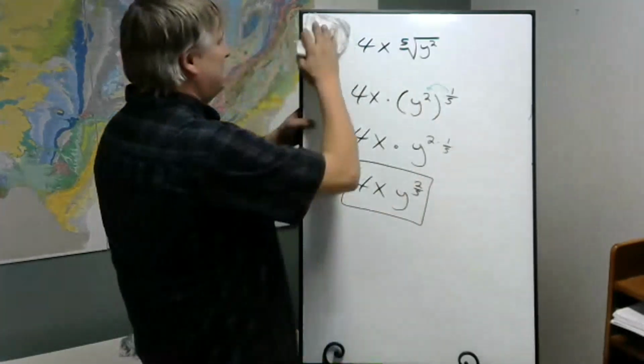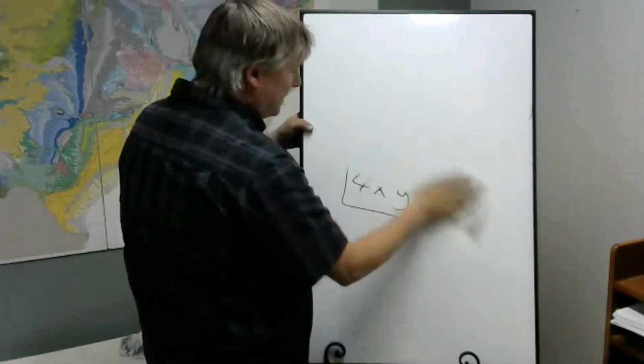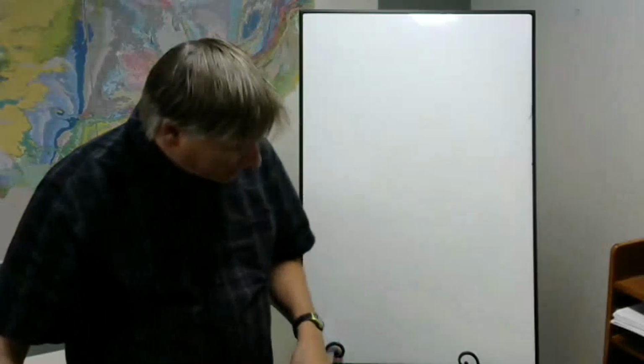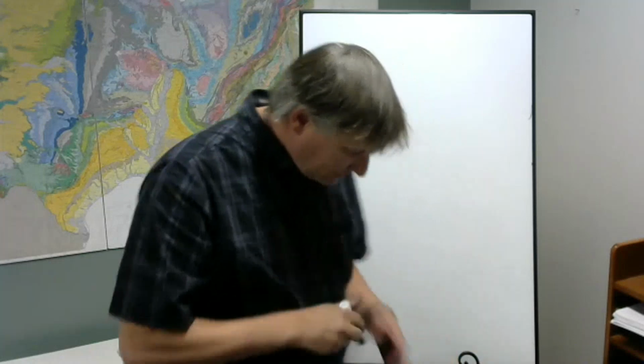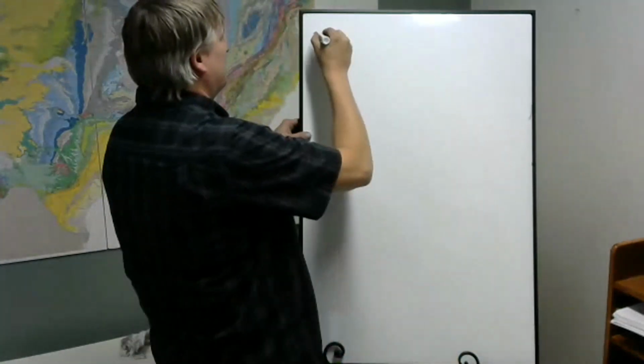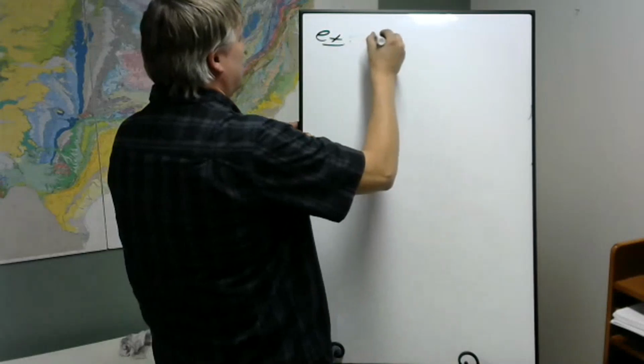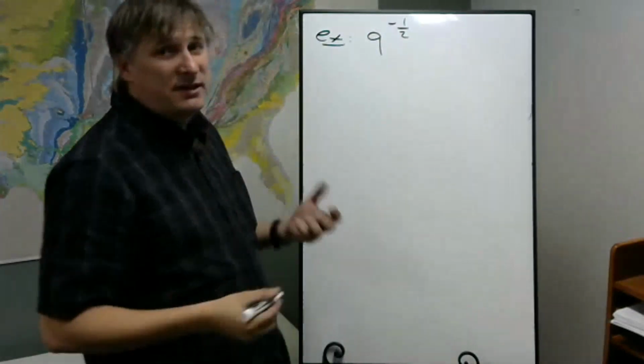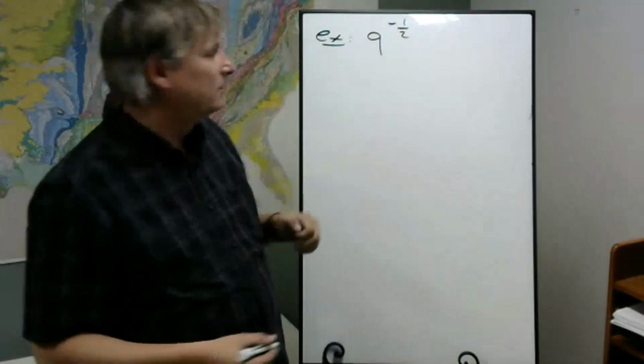Now, the rest of these, we're going to start looking at some review of our rules of exponents. So, for example, for negative exponents, let's say we have something like this. Remember, with a negative exponent, we're going to flip.